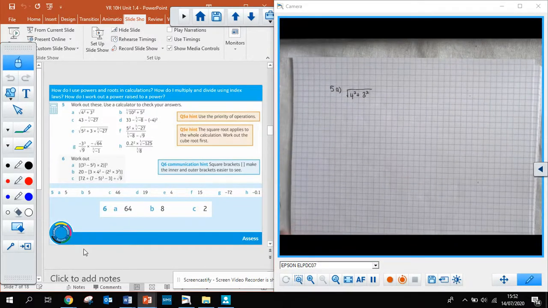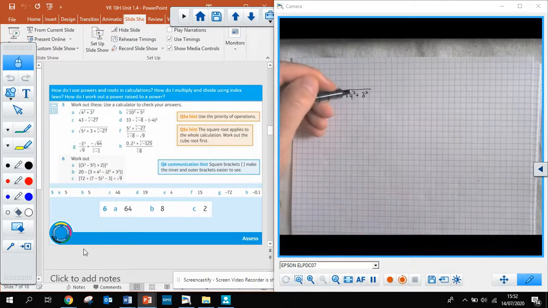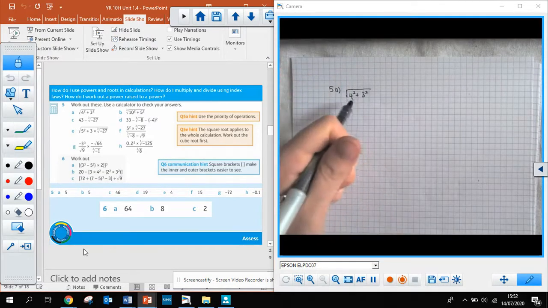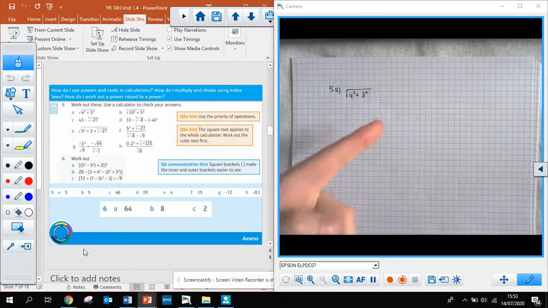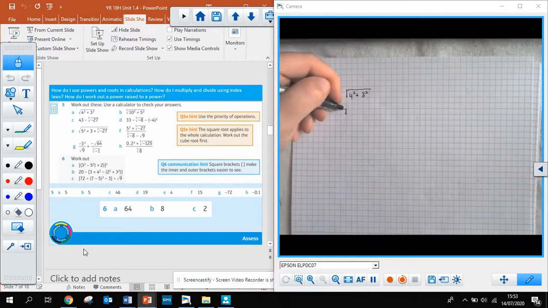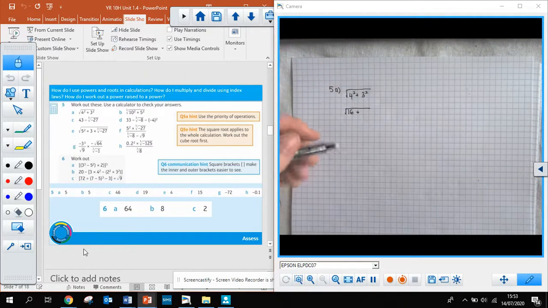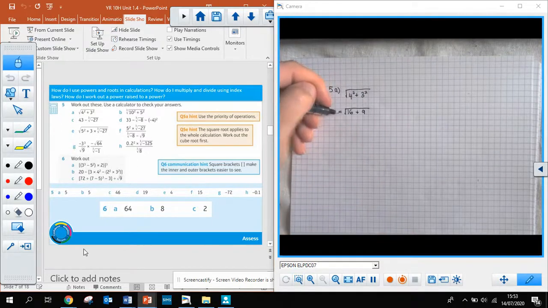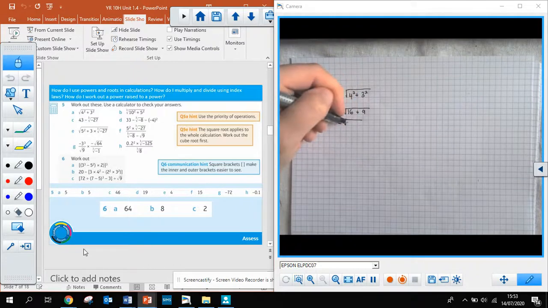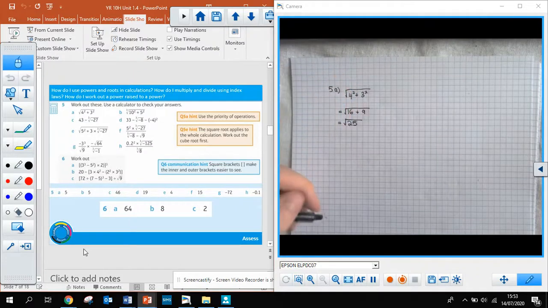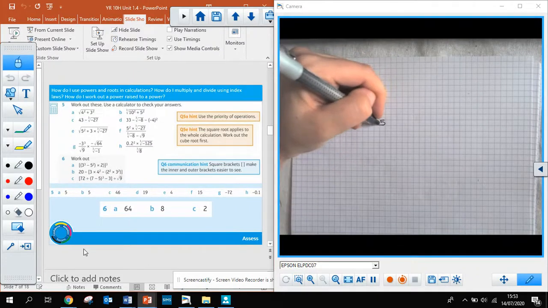BIDMAS says that indices, so the squaring, comes before addition. So we need to find the square of each of them before adding. So 4 squared is 16. 3 squared is 9. So actually we're finding the square root of 16 plus 9. 16 plus 9 is 25. So we're actually finding the square root of 25, which is 5.